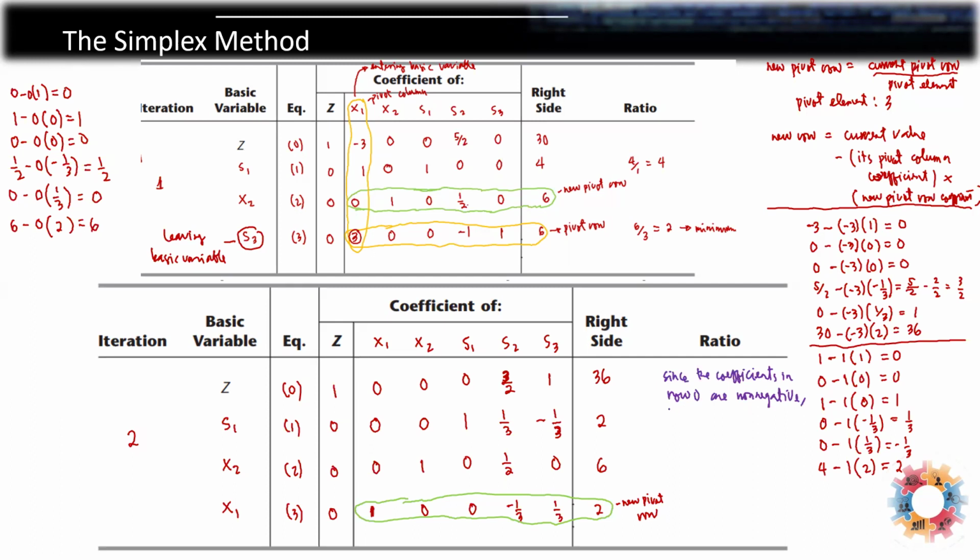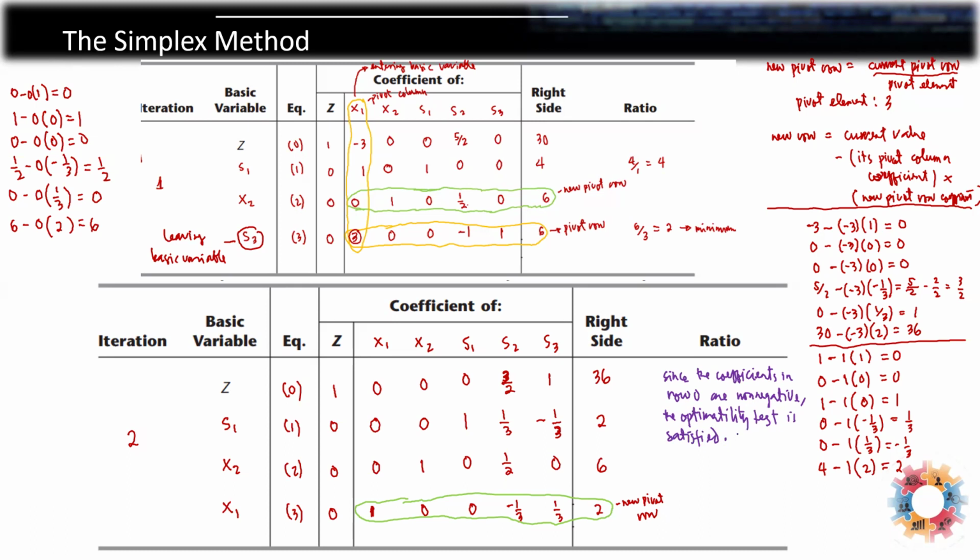The implication is the optimality test is satisfied, right? The optimality test is satisfied and we obtain that in iteration 2.